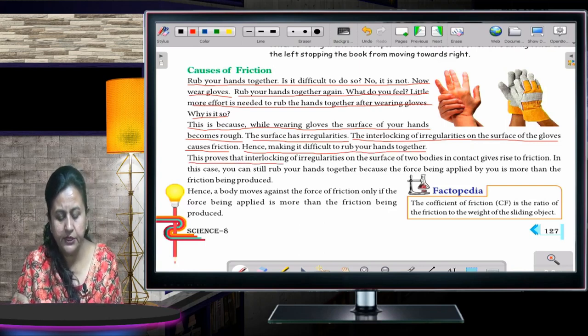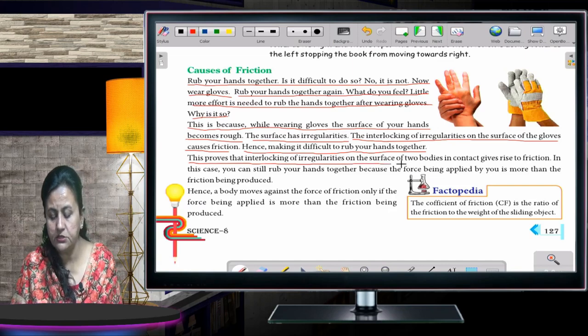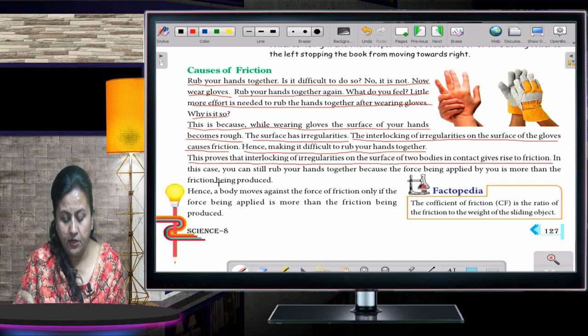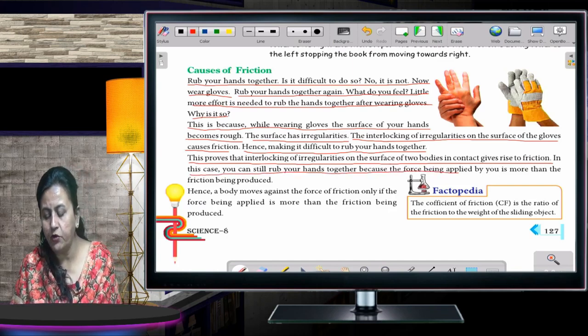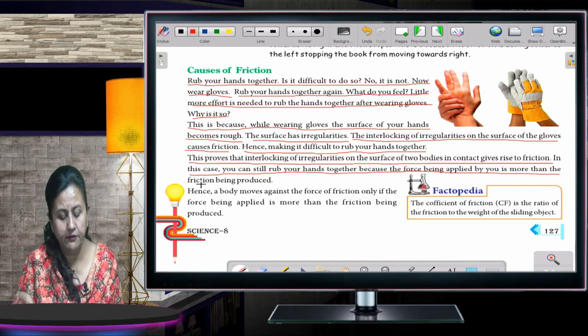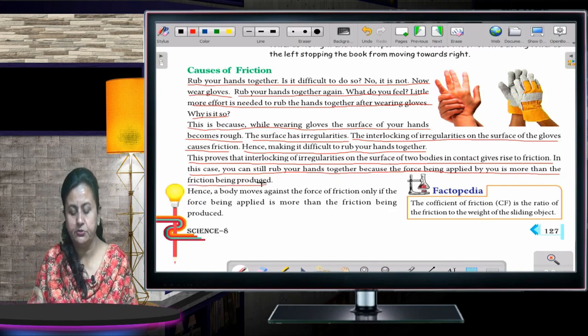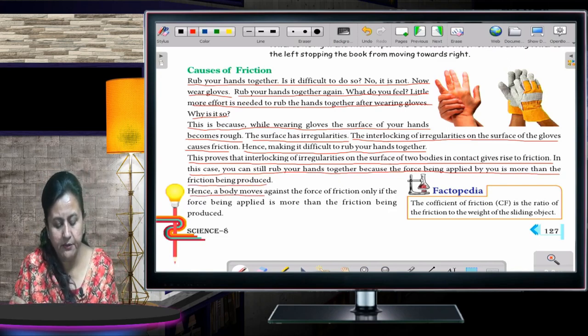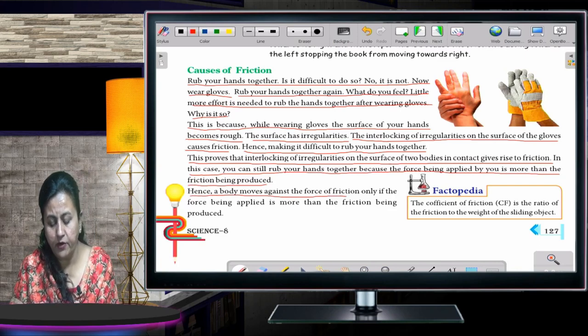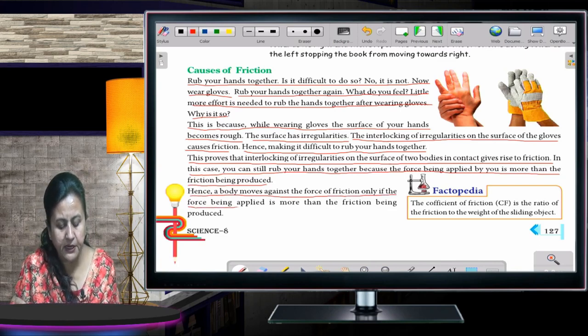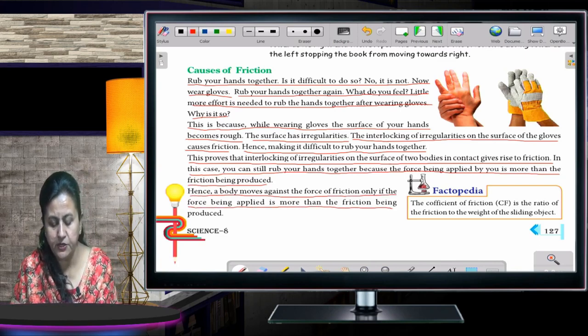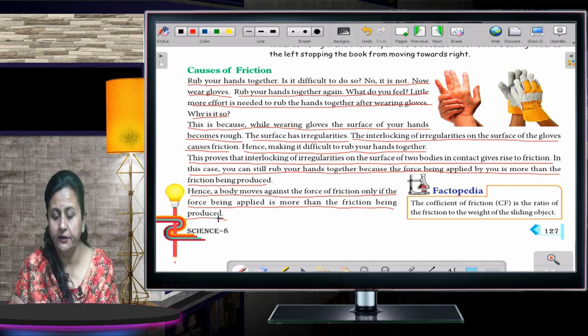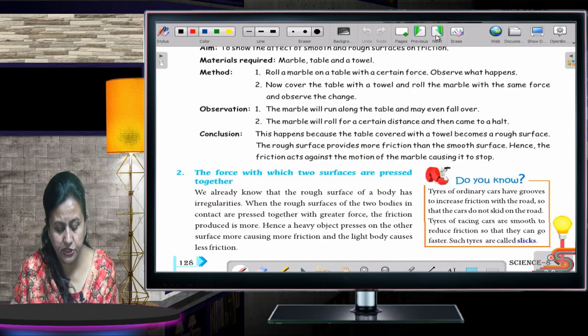This proves that interlocking of irregularities on the surface of two bodies in contact gives rise to friction. In this case, you can rub your hands together because the force being applied by you is more than the friction being produced. Hence, a body moves against the force of friction only if the force being applied is more than the friction being produced. Fine. Now, moving to the next page.